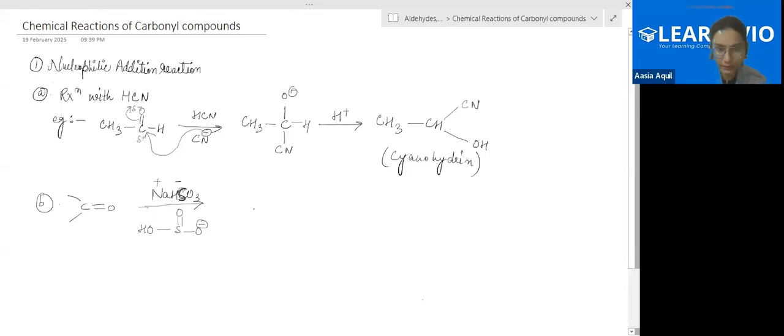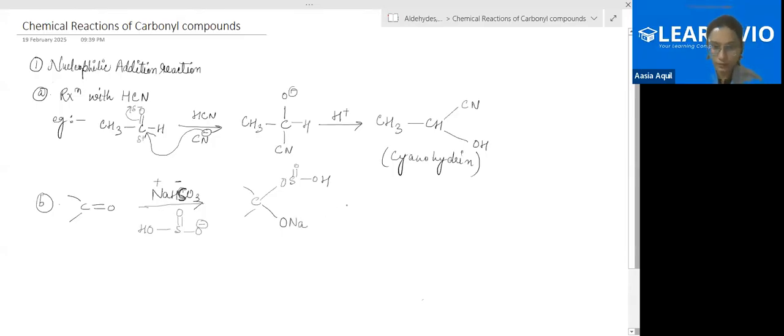The CO bond will break, SO3H will be attached here, and sodium will be attached to the oxygen.